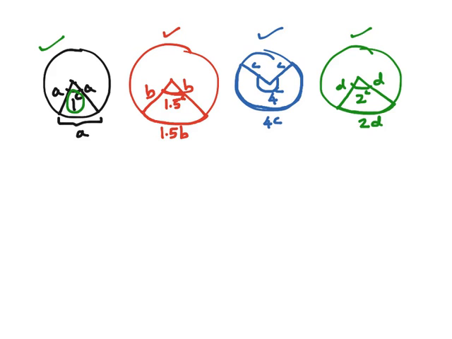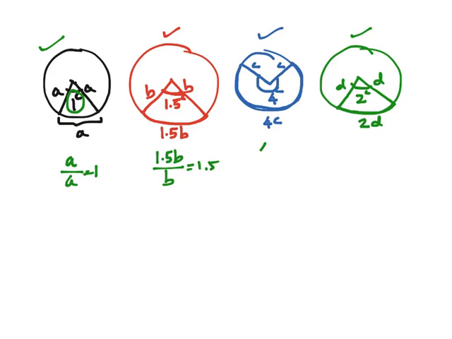Can you see any pattern, students? You can see that the length of the arc divided by the radius gives you 1. Here the arc length 1.5b divided by the radius b gives you 1.5.